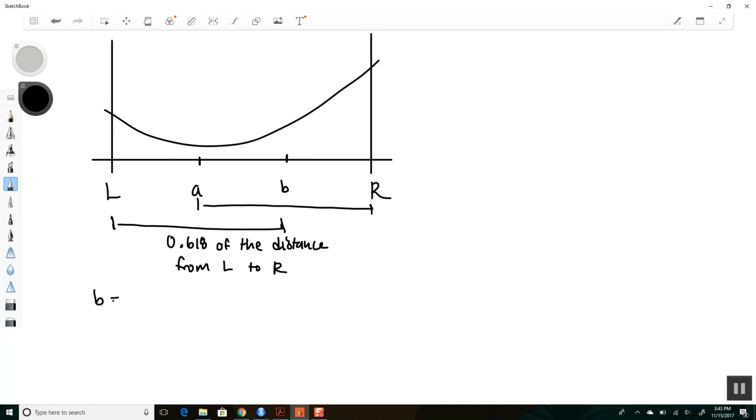So B is going to equal L plus 0.618 times (R minus L), and A is going to equal R minus 0.618 times (R minus L). This is what we have.